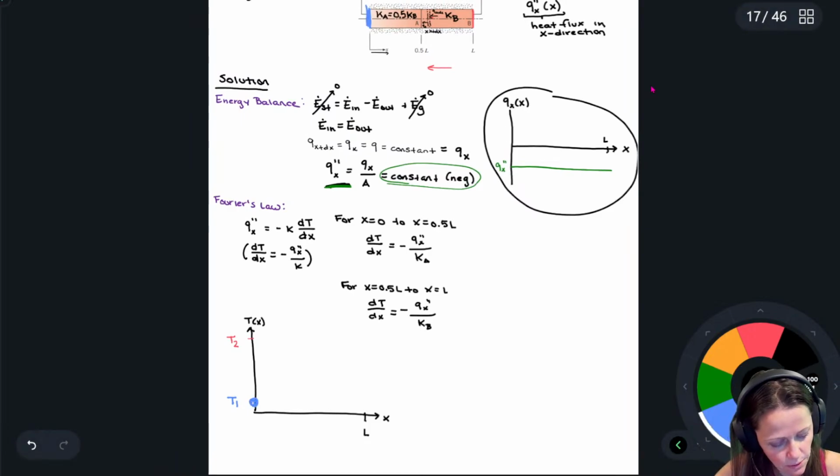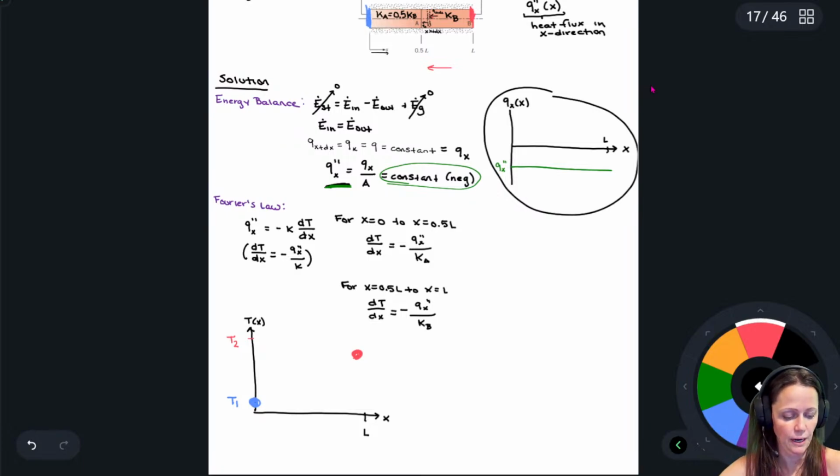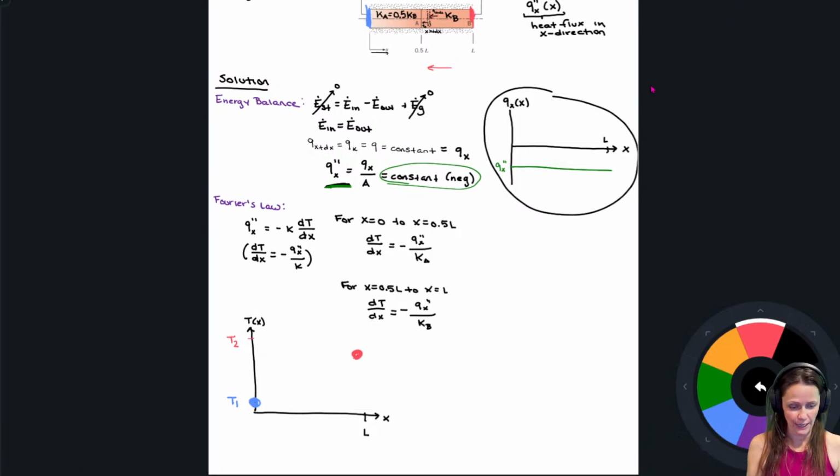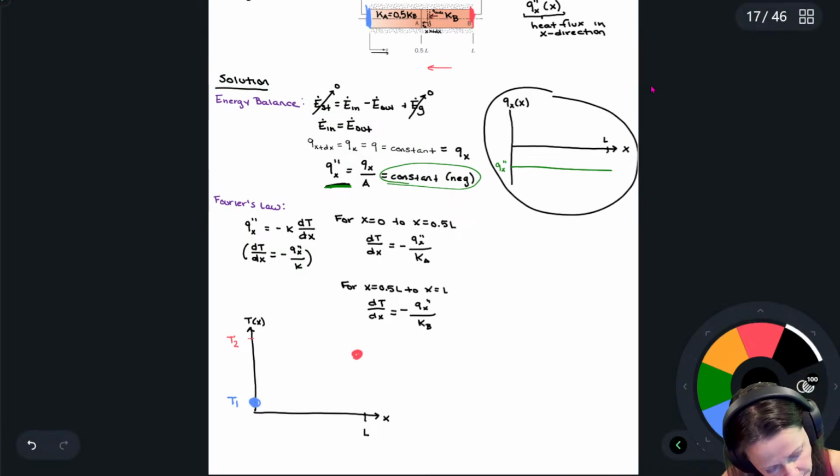So at X equals 0, that's the temperature, and at X equals L, that's the temperature right here. I just need to figure out how they're related to one another in between. Probably 0.5 L is a useful place to look at too.